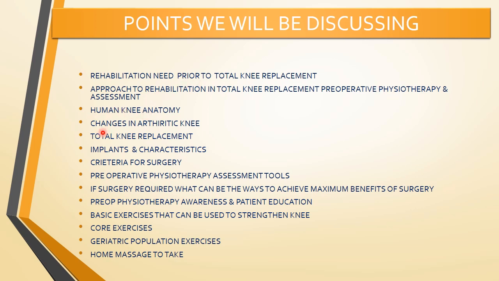We'll see changes that take place in an arthritic knee, the total knee replacement procedure, used implants and characteristics, progressing criteria for surgery, pre-operative physiotherapy assessment tools, and, if surgery is required, what the ways can be to achieve maximum benefits of surgery, pre-op physiotherapy awareness, and most important, patient education, basic exercises that can be used to strengthen the knee, core exercises, geriatric population exercises, and lastly, home methods to take.